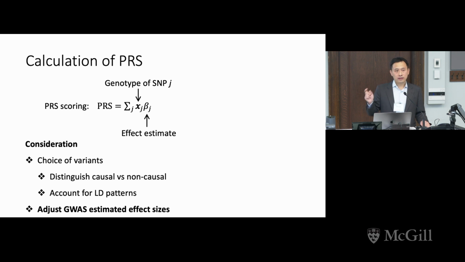And to make it worse, a lot of the studies do a p-value cutoff. You only keep the top SNPs, let it be top 10%, top 20%, and that will cause a winner's curse. To put it in a simple way, the beta can be estimated to be larger or smaller than the real beta.